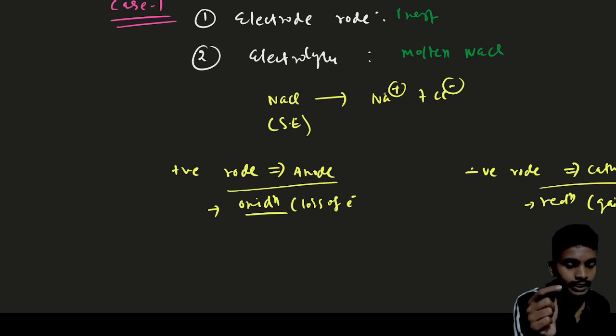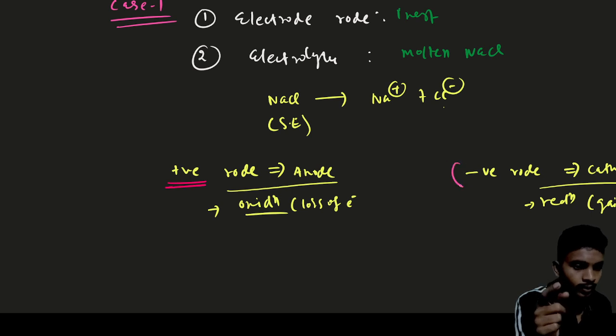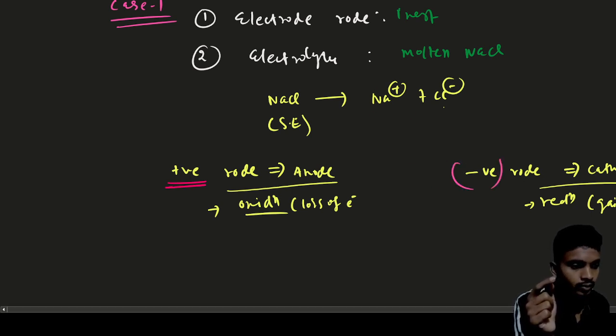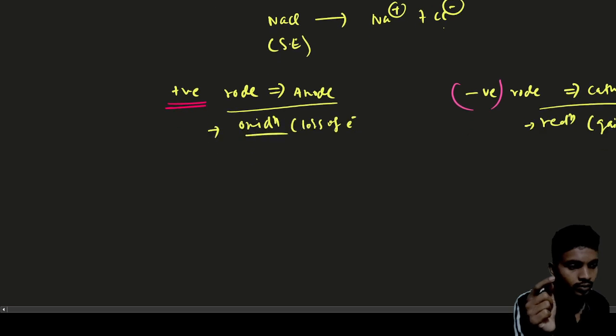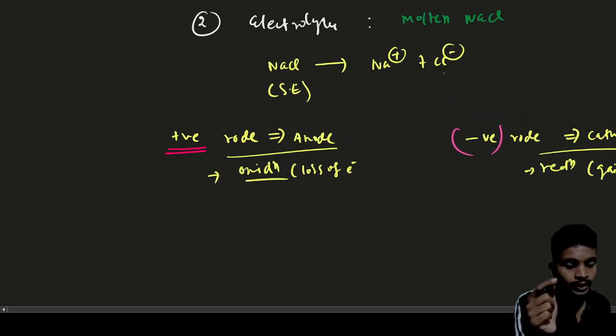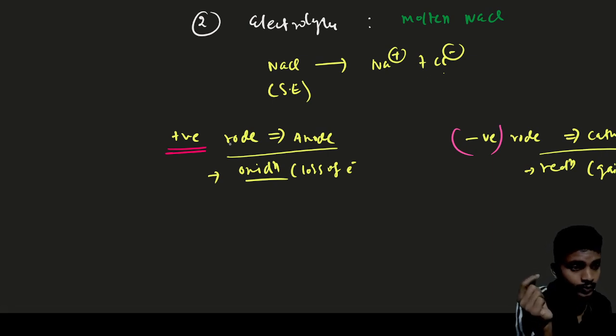So Cl minus is attracted towards the positive rod, and here the oxidation will happen.